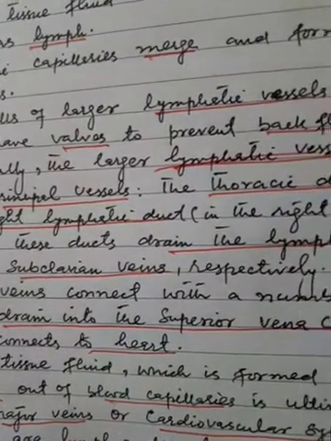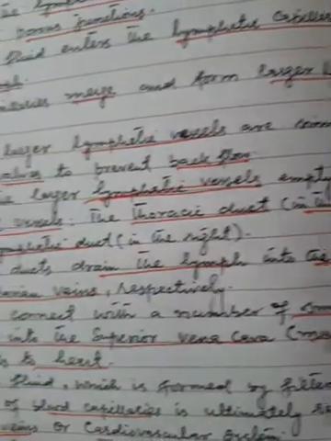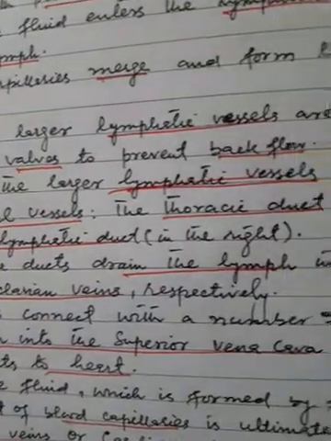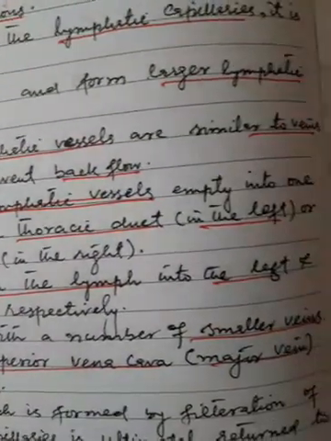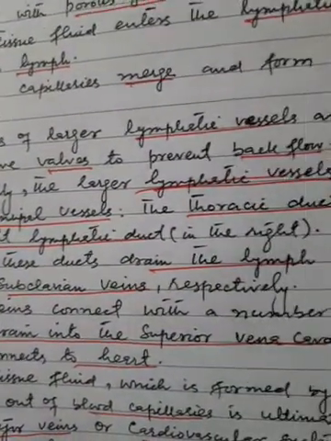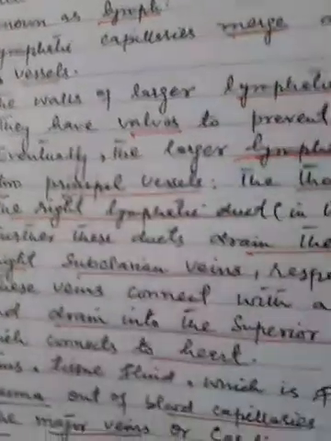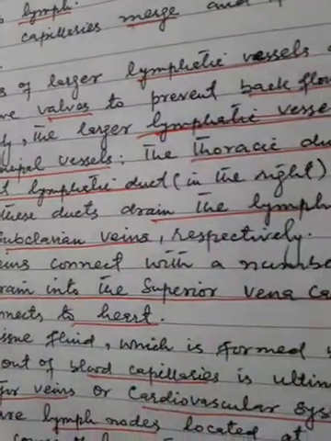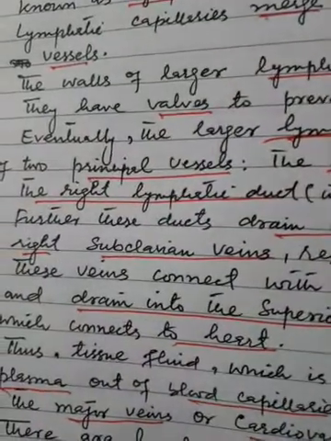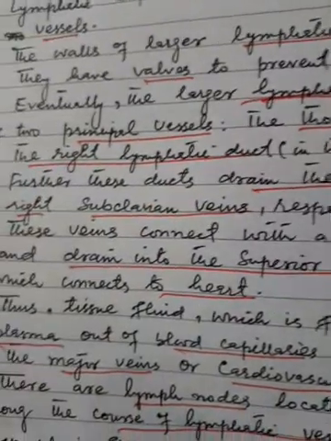Eventually, the larger lymphatic vessels empty into one of two principal vessels, the thoracic duct in the left or the right lymphatic duct in the right. Further, these ducts drain the lymph into the left and right subclavian veins respectively.